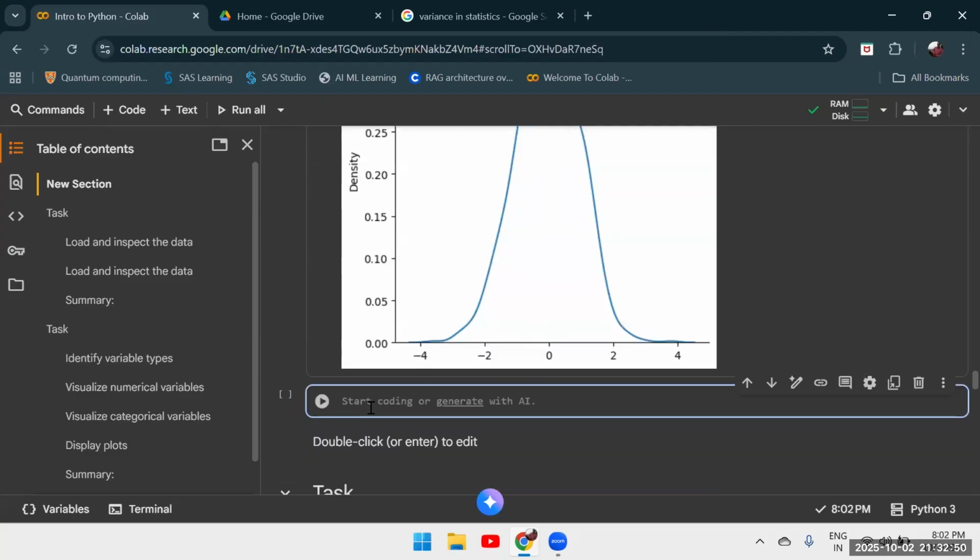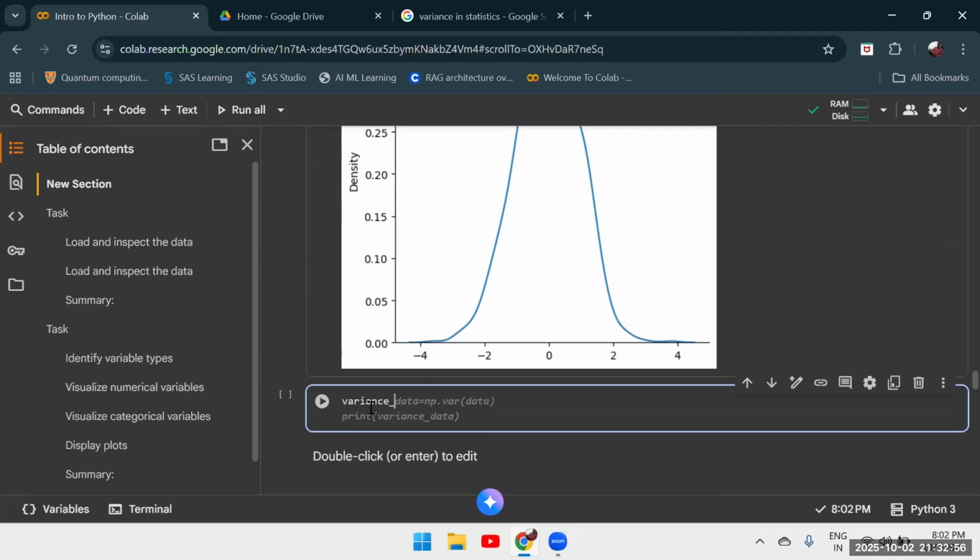I'm going to make use of the same data and say variance of data. In NumPy there is a function called var already, like std. So there is something called variance also.